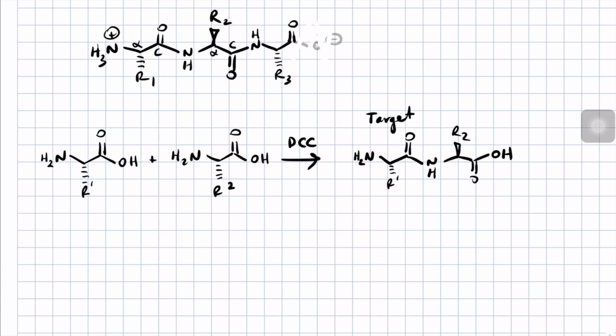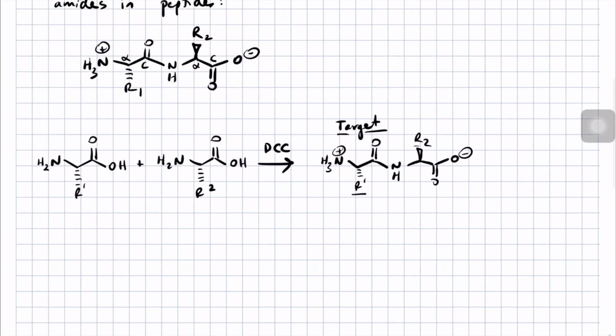And actually, we can go back and erase amino acid 3. And we can assume we've got the zwitterionic form of the peptide at the end. That's fine too. If this were our target molecule, where you have side chain 1 at the N-terminus and side chain 2 at the C-terminus, do you see any particular problem here?